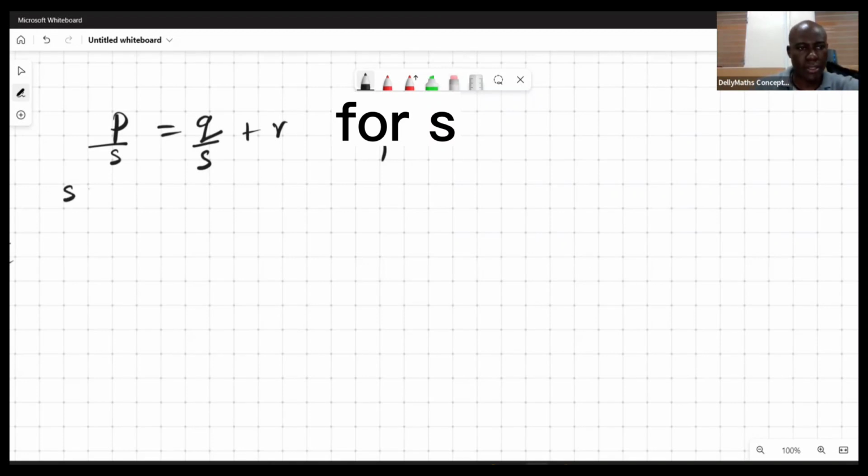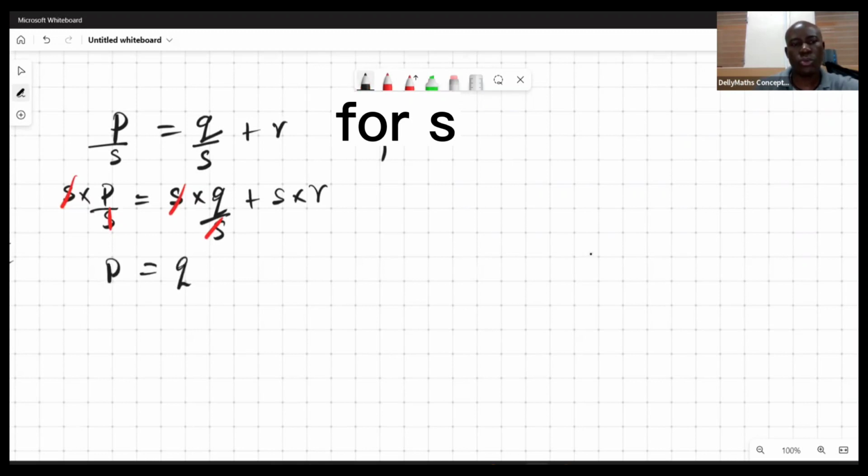So we're going to have s times p over s, which is equal to s times q over s plus s times r. In simplification, s cancels itself here, there. We're now left with p, which is equal to q plus sr.